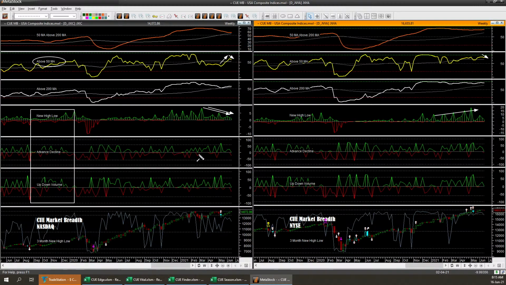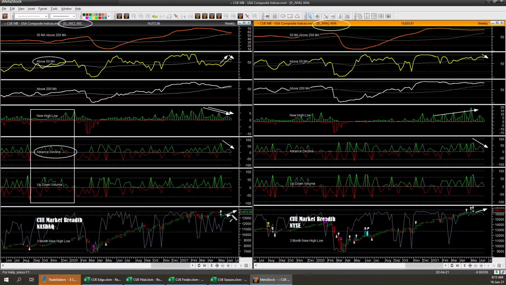If you look at the advance decline, it seems that Nasdaq has become a little bit weaker than NYSE. Both of them came down, though price is continuing to go up. And here the candle charts are of the composites, NYSE composite and Nasdaq composite. The price candle charts are not of QQQ or SPY.